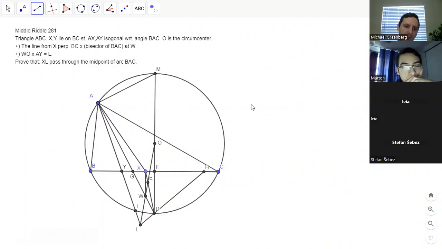Actually, since XW is perpendicular to BC, there is a projective transformation which sends X to W, since W is just on the bisector of angle BAC, and the line XW never changes direction.